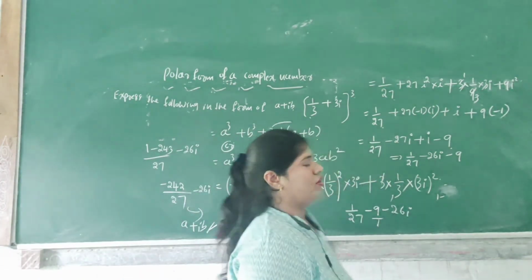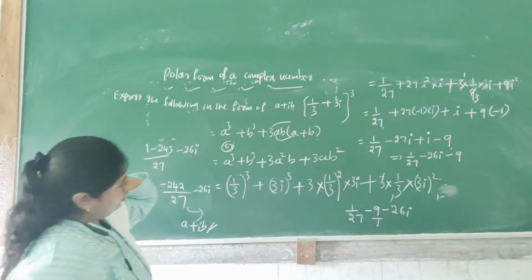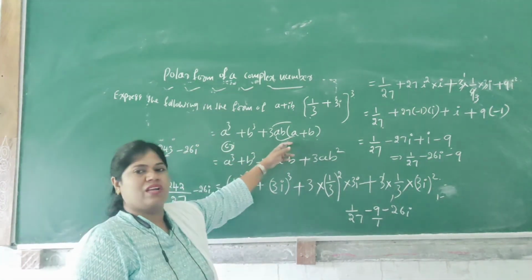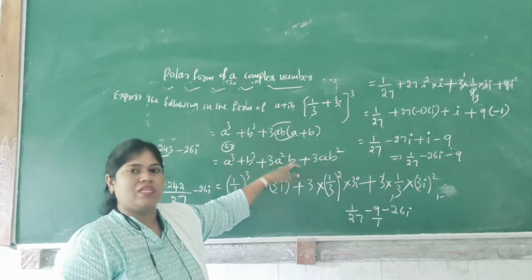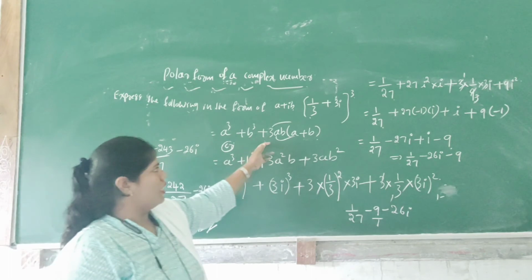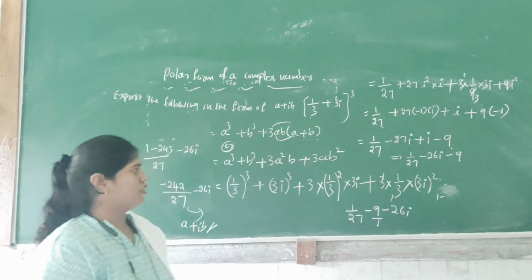Okay? You understood this one? If you go for a cube plus b cube plus 3ab of a plus b, you will get a little bit of confusion. You better apply this. Both are the same only, but here you get somewhat difficulties.